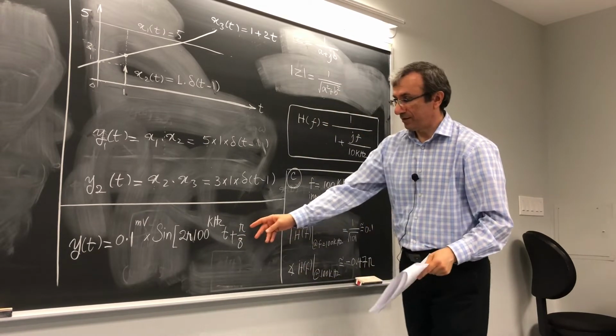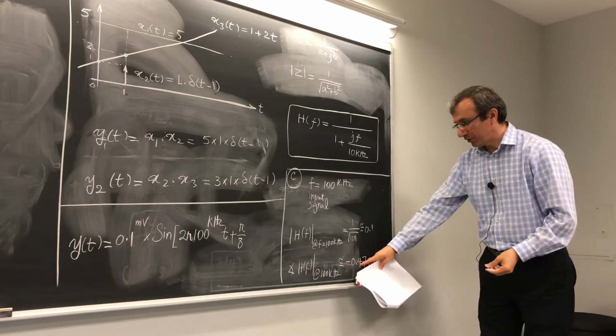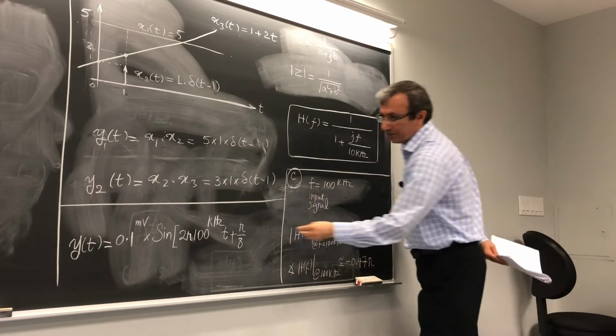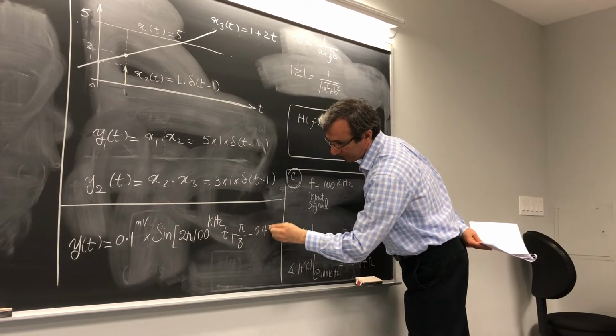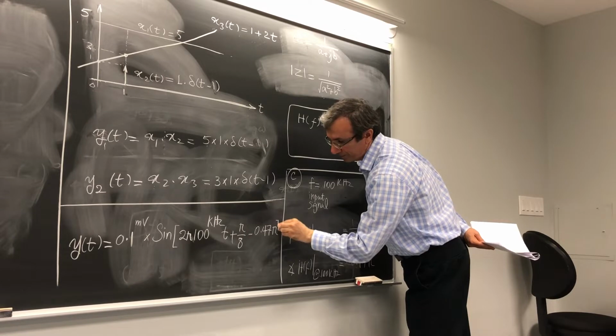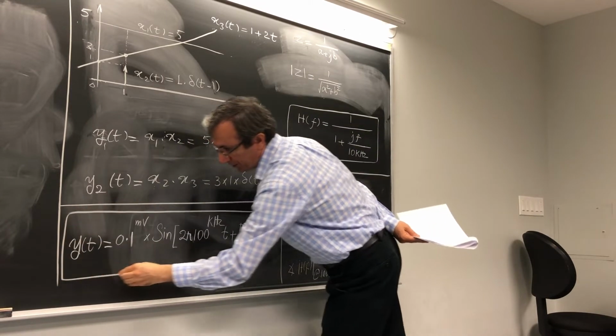This is the constant phase that the input signal originally had, and now the contribution of the transfer function phase, which is minus 0.47 pi. So this would be the output.